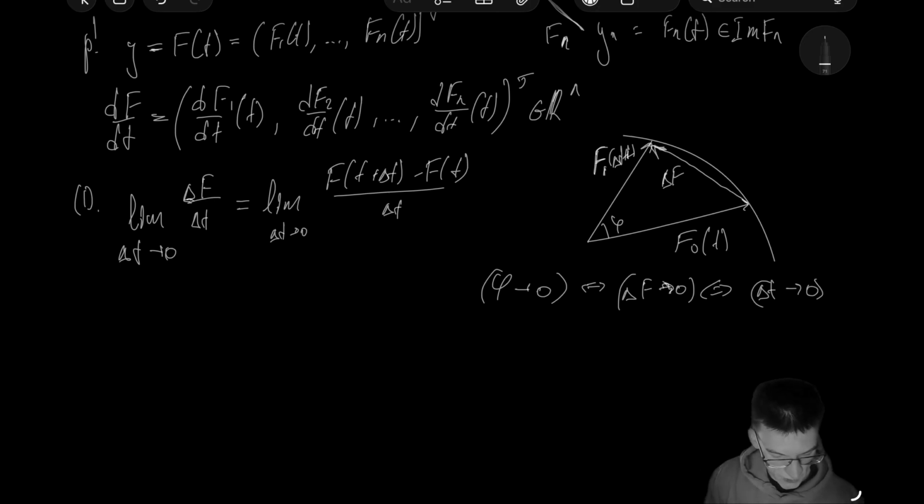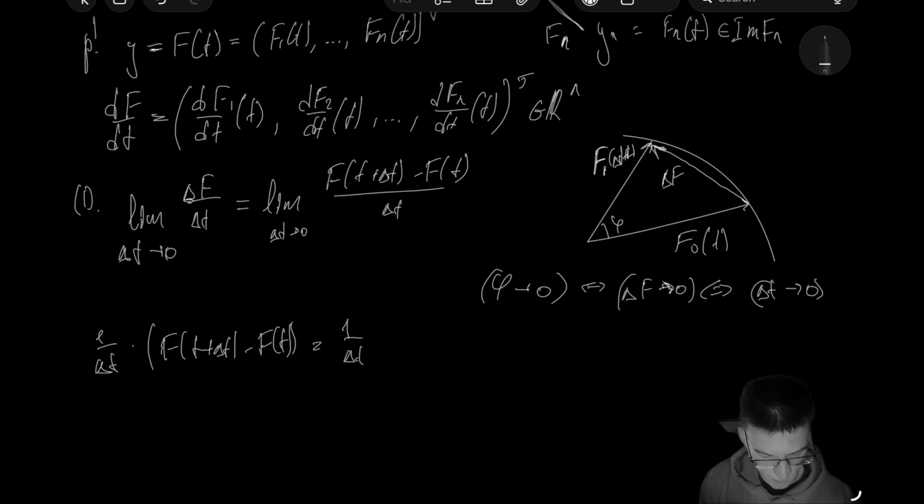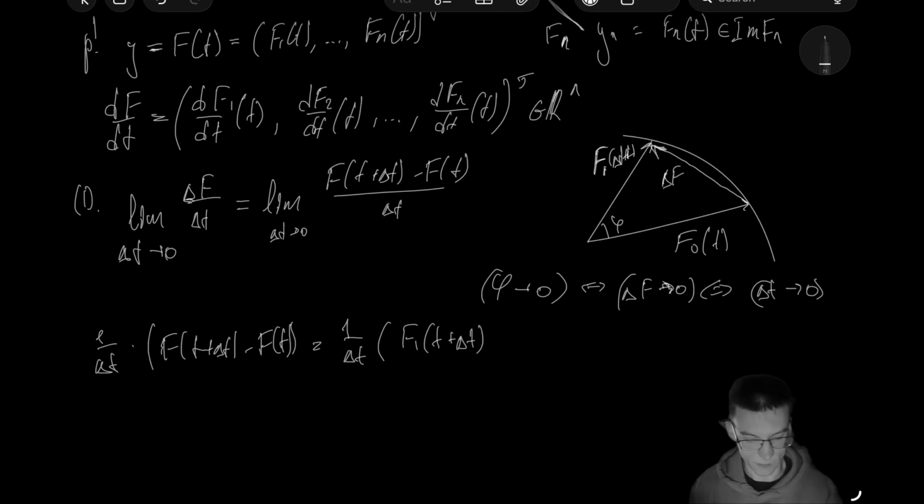Now, if we take a look at this expression, 1 over delta t times f of t plus delta t minus f of t, this is a simple vector difference. We just need to find the difference between corresponding components, coordinates, of these two vectors.